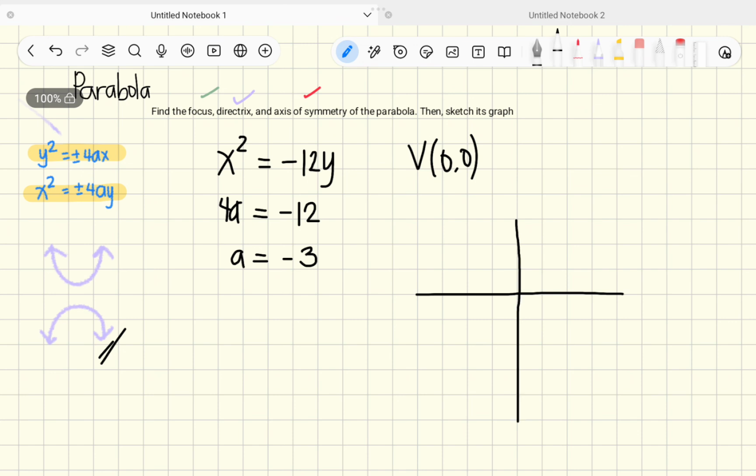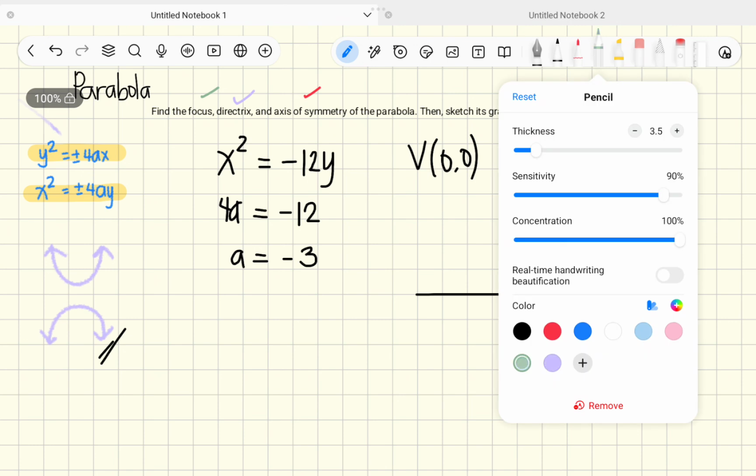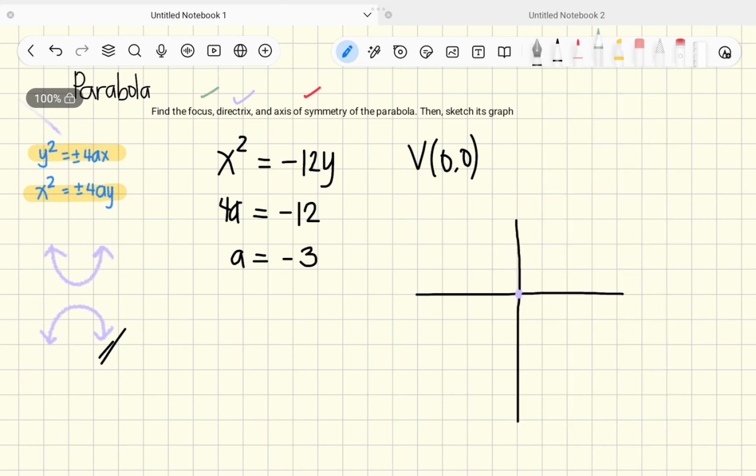Now the vertex is here at the origin, and then our focus is 3 units from the origin. The parabola will be facing down, so it's 3 units down. So it will be somewhere here.